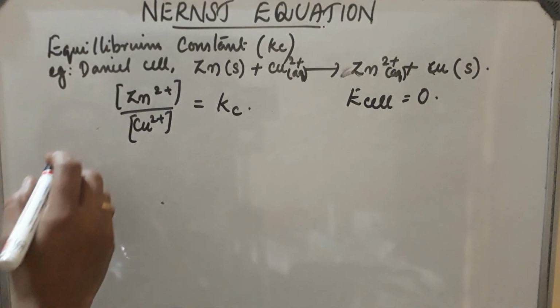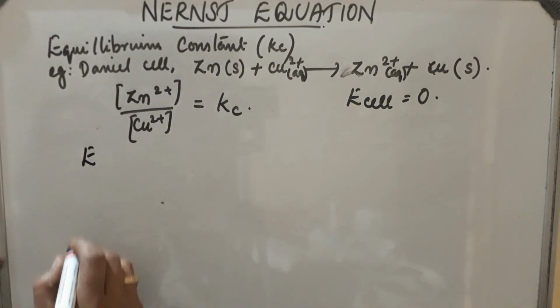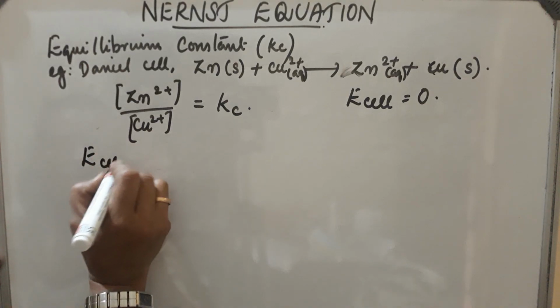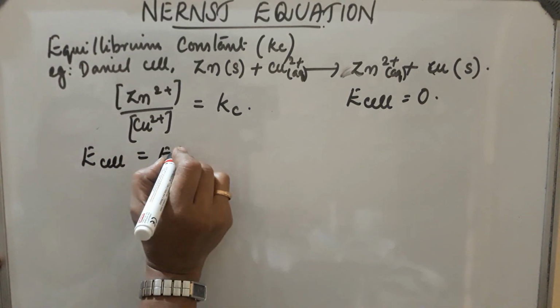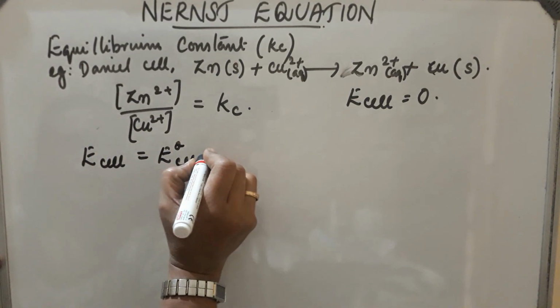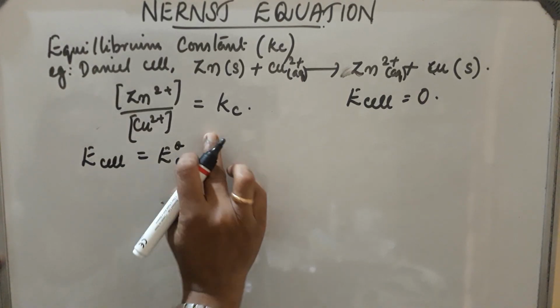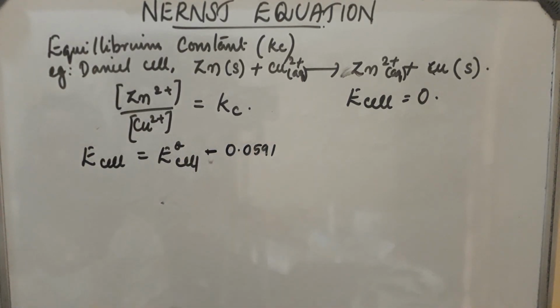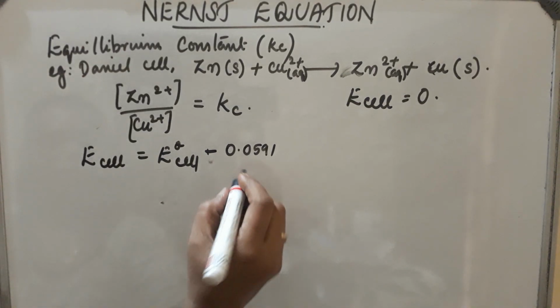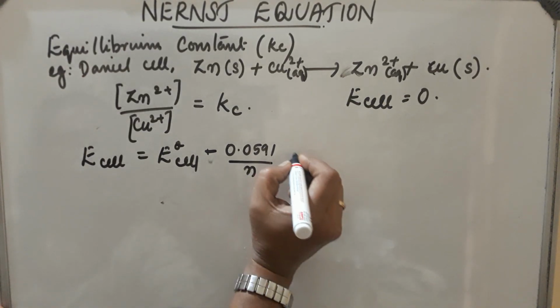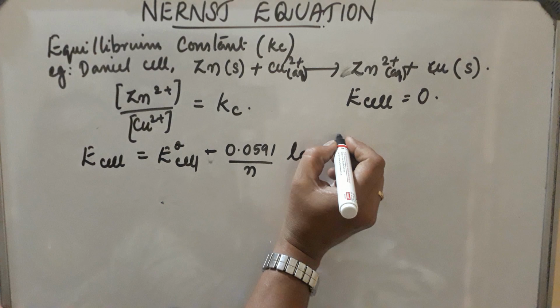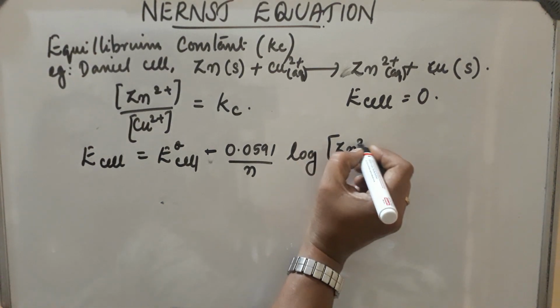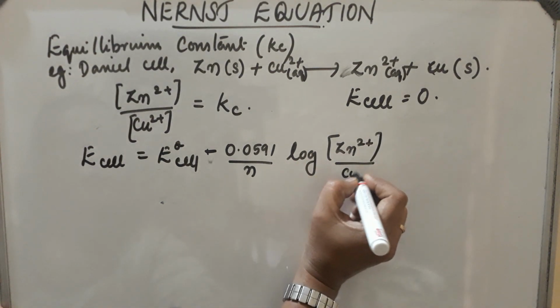Now, how can we find Kc? For that, take the Nernst equation. E of cell will be equal to E0, the standard electrode potential of the cell, minus 0.0591 by n log of the concentration of Zn2 plus by Cu2 plus.